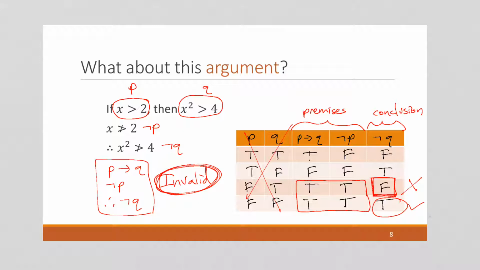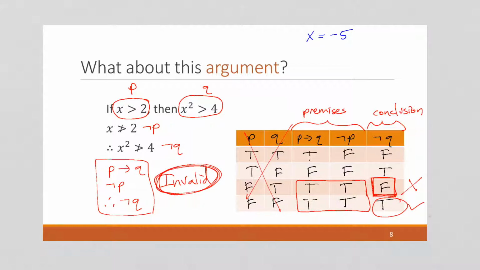We said if x is, say, 5 and 5 is greater than 2, then x squared should be greater than 4. So, say 25 is greater than 4. If x is not greater than 2, then x squared shouldn't be greater than 4. Except, what about if x equals -5?